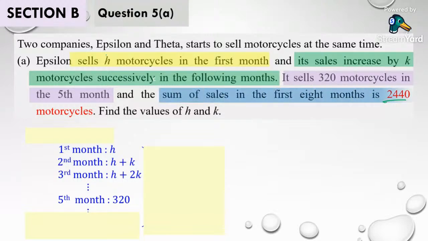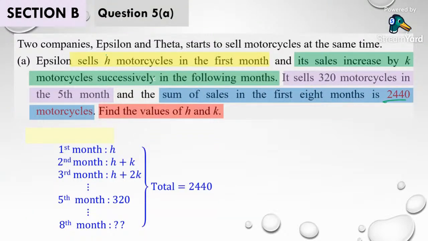Then all the way until the 8th month, we notice that the total is 2,440. Now we want to find the value of H and K. This is the info that we interpret, and all this H and K refers to the sales of Epsilon.